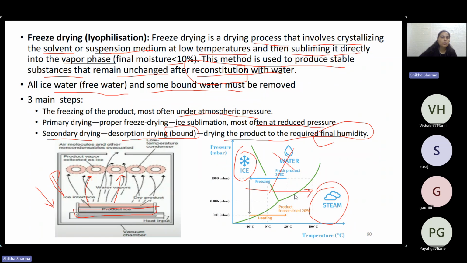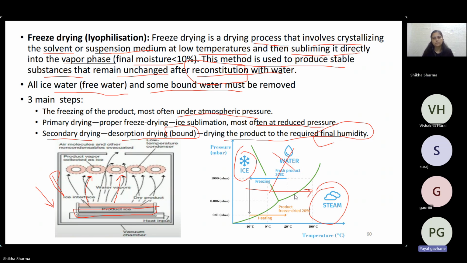So at low heat, all the water will convert by sublimation. So the nutritional value will stay the same in freeze drying, and when we do sun drying or other kinds of drying, some heat sensitive compounds like vitamin C can degrade.